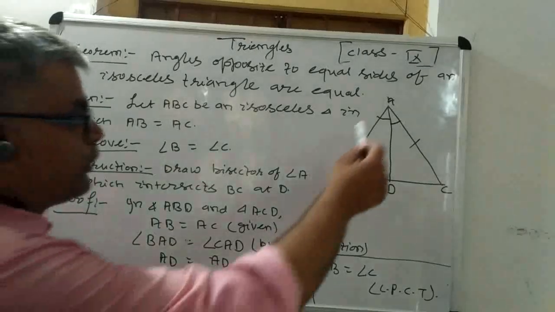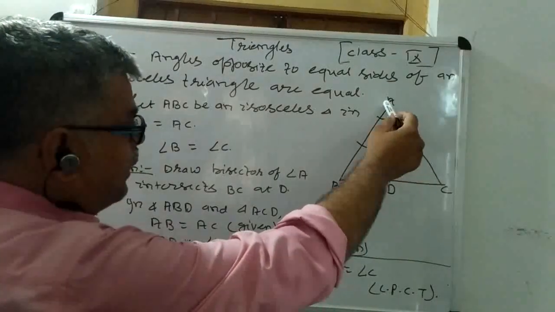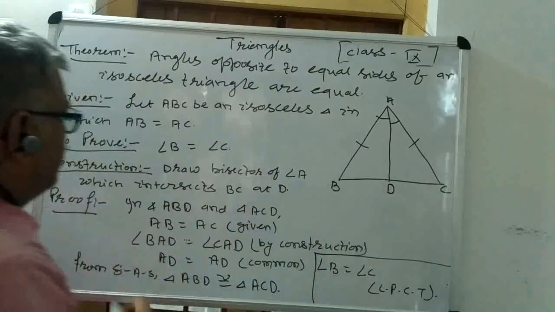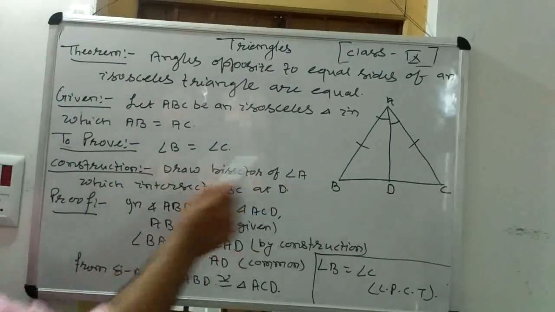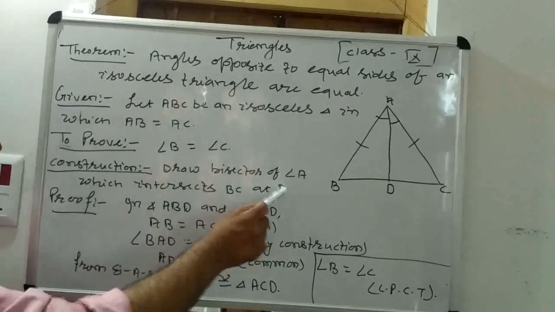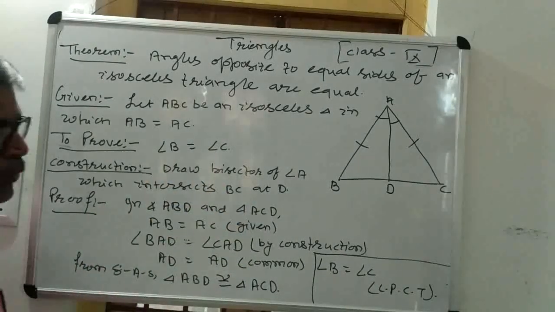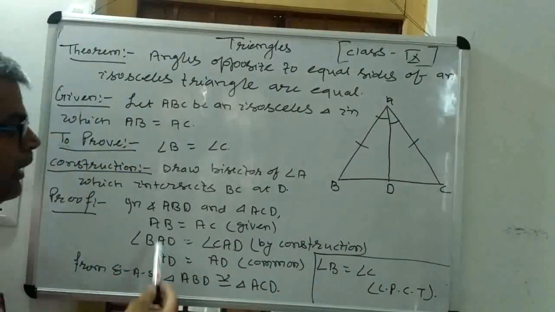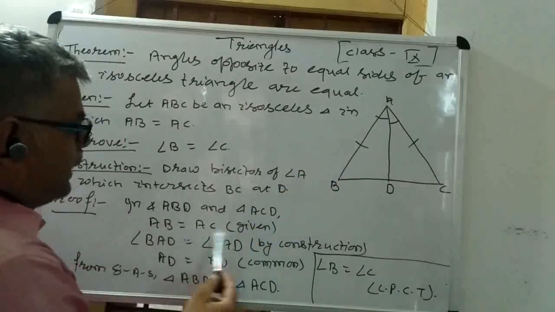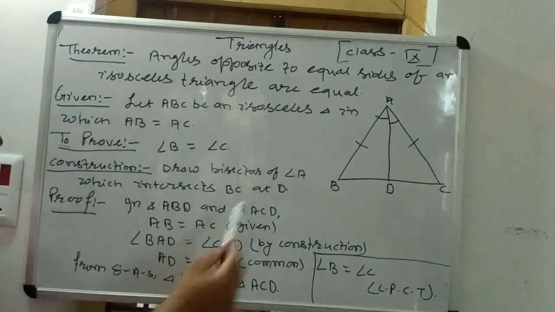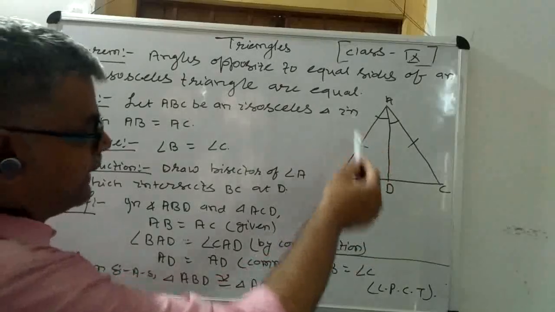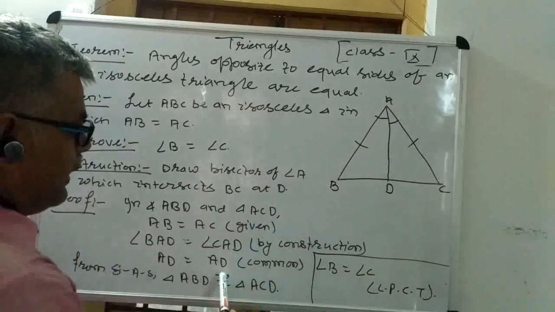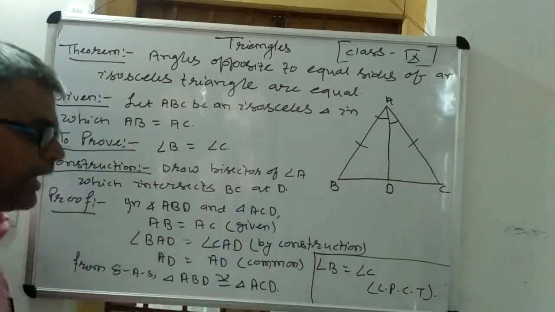So in construction we draw the angle bisector of angle A and produce it, which intersects BC at D. Now we take the two triangles, triangle ABD and triangle ACD. We have AB equals AC, which is already given. Angle BAD equals angle CAD by construction, and side AD equals AD, which is common in both triangles.